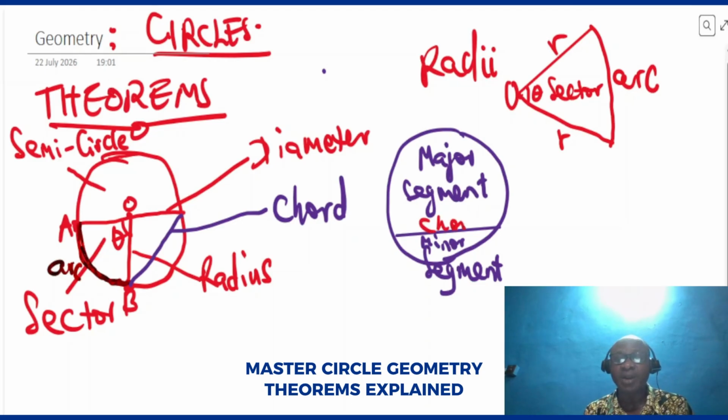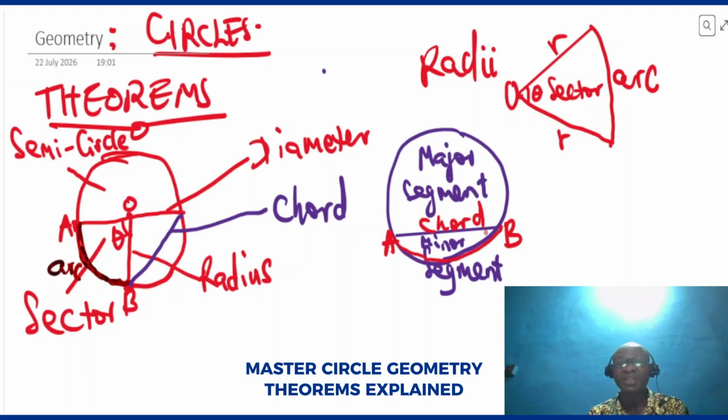So this is a chord here. That chord makes two shapes. One is called the major segment. The other one is called the minor segment. Even in this chord, from A to B, the arc there is still an arc.